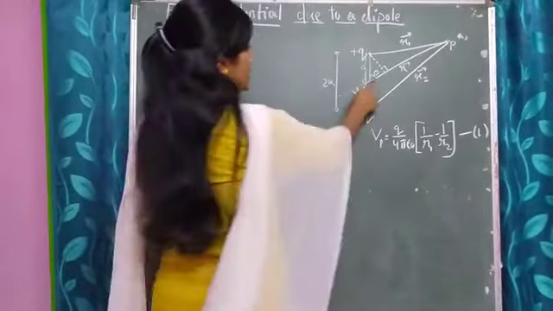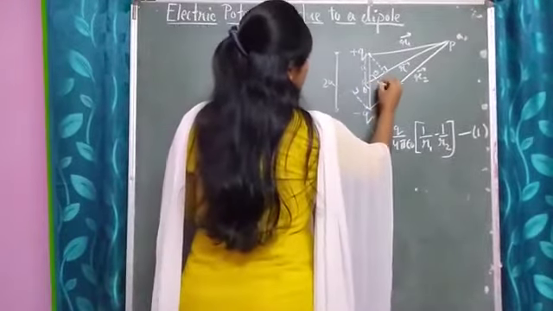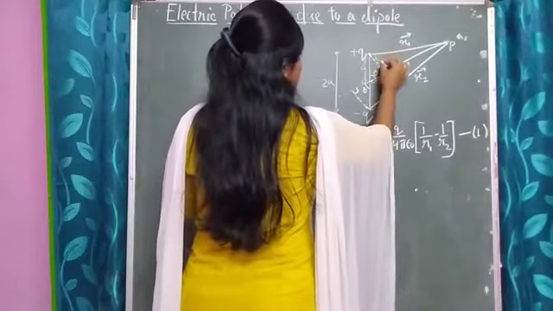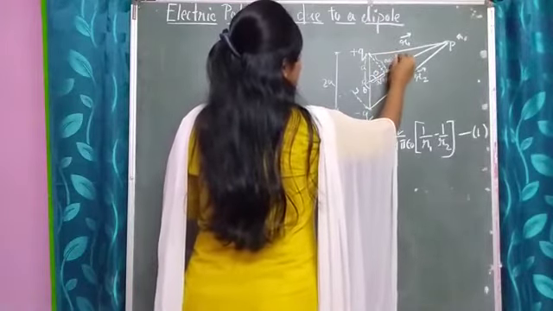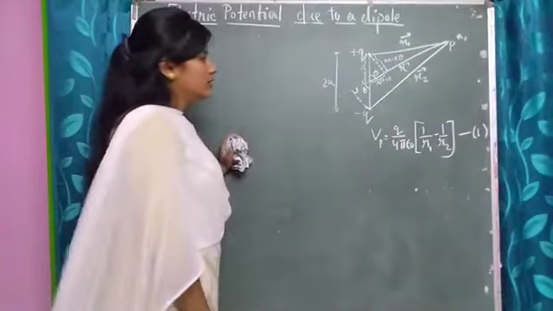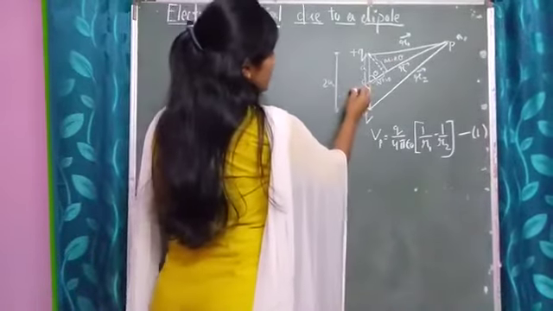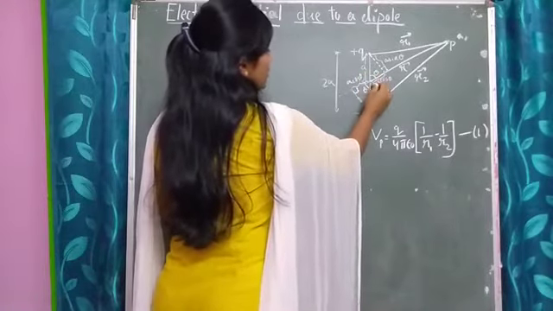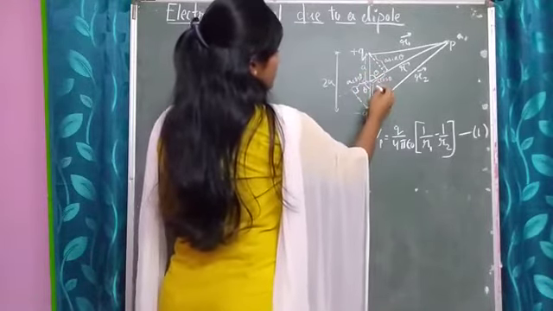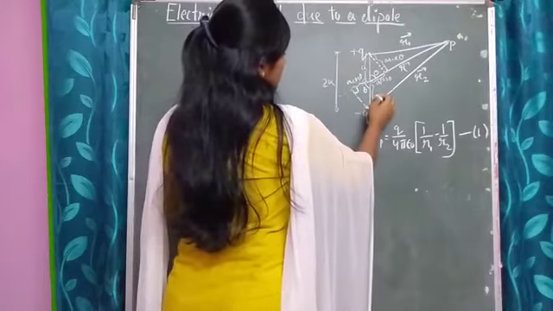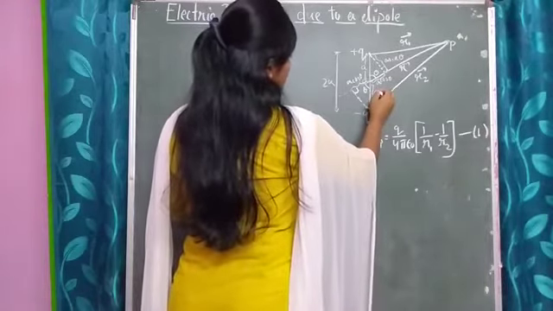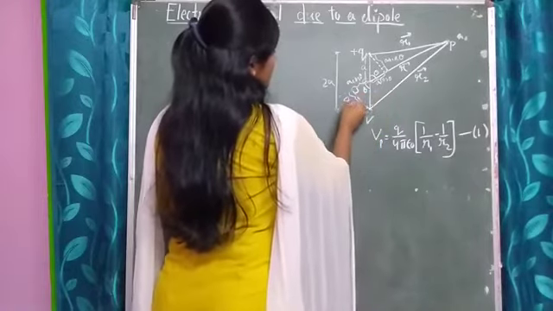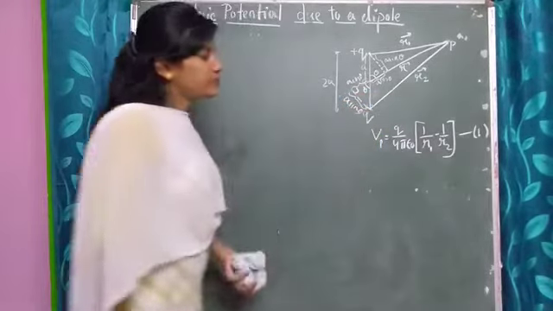If this is theta, this will be a cos theta, and this much value will be a sin theta. Similarly, this adjacent side will again be a cos theta, and this perpendicular will be a sin theta.